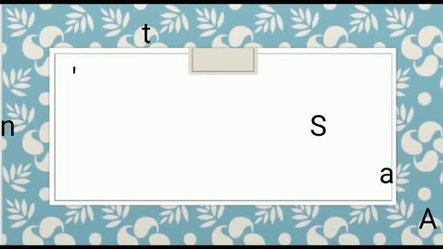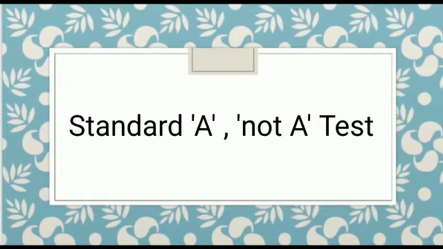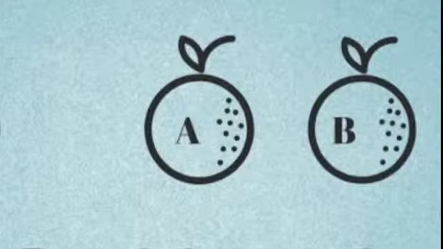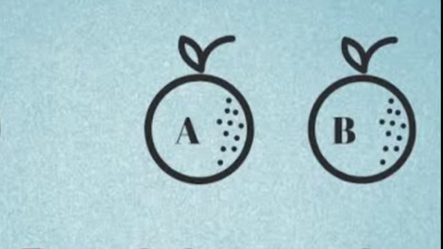Next comes the standard A not A test. The standard A not A test is almost similar to the alternate A not A test. In the alternate A not A test, the test sample will be given and the panel member should remember the parameters and must taste the next sample.